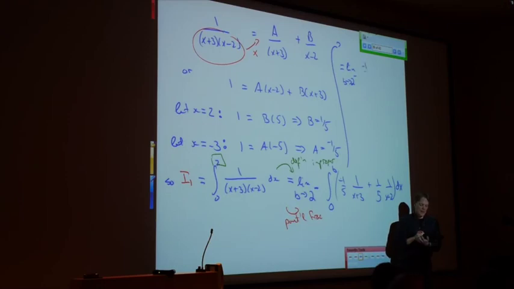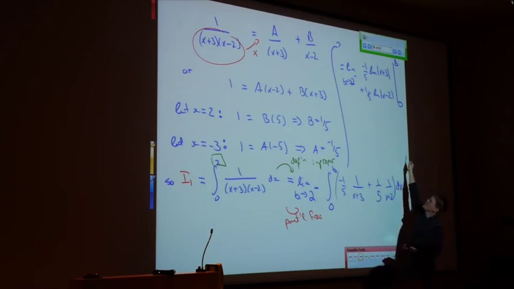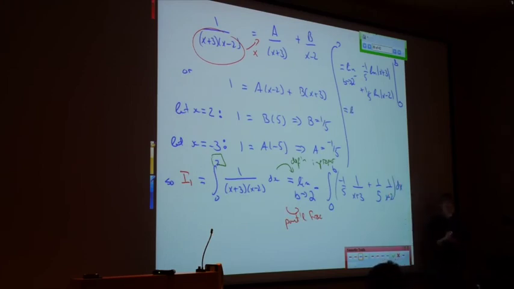So we'll have negative 1/5 ln of the absolute value of x plus 3 plus 1/5 ln of the absolute value of x minus 2, all of that between b and 0. And you'll see now why we need our absolute values, because x minus 2, when we plug in 0, would be ln of negative 2. That wouldn't make any sense. But it's perfectly valid with the absolute values.